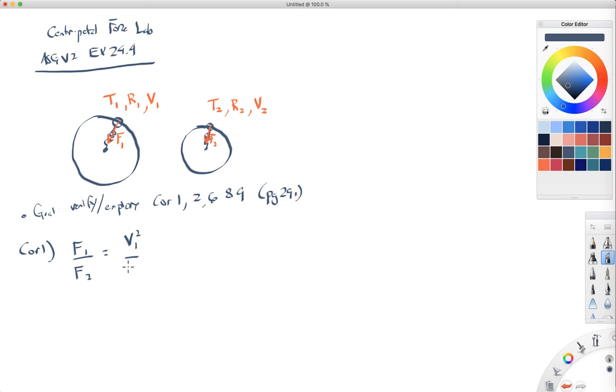So directly proportional to the square of the velocities, and the simple ratio of the radii inversely. That means to the first power, the simple ratio of the radii inversely. So it's R2 over R1, the inverse ratio of the radii.